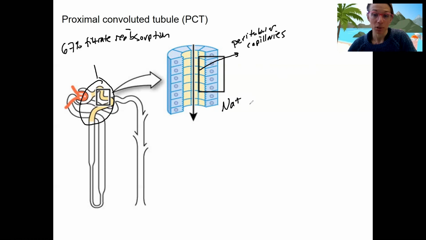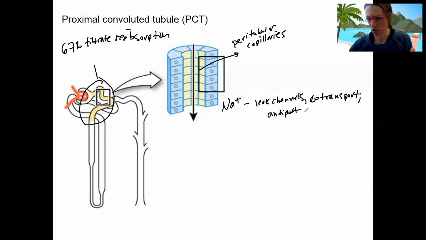We've got to get it through the apical surface. That's going to occur through some leak channels, some co-transport, some antiport. So both co-transport and antiport are moving along with or the opposite way of another molecule.